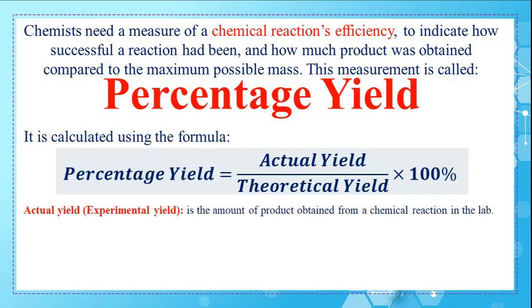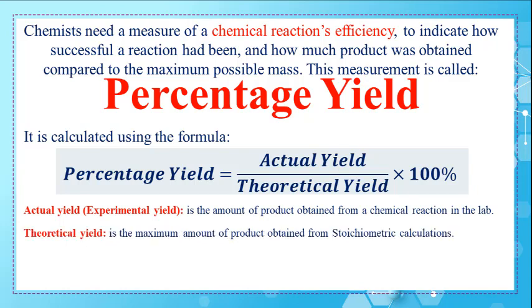The actual yield is the amount of product obtained from a chemical reaction in the lab. However, the theoretical yield is the maximum amount of product obtained from stoichiometric calculations. The actual yield and theoretical yield are expressed in moles or grams.